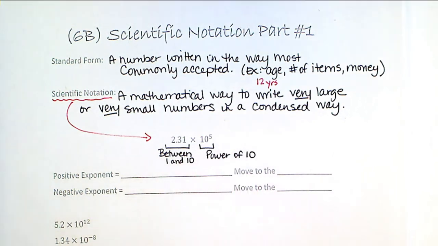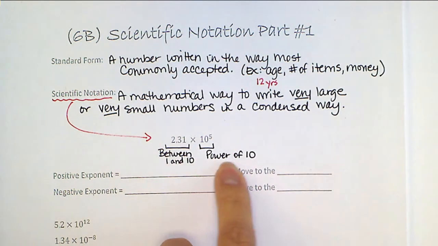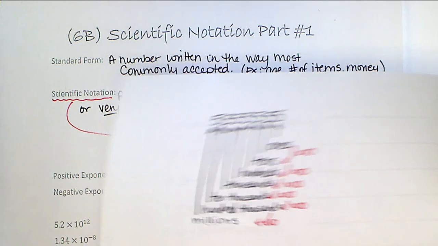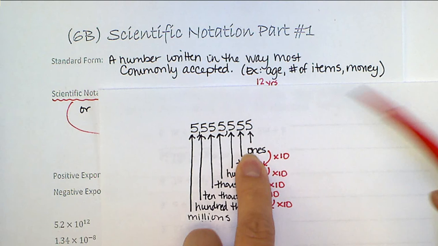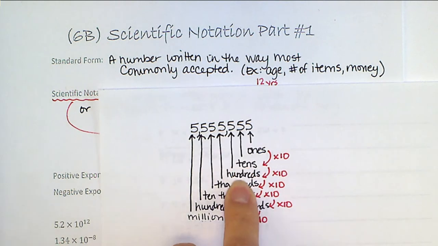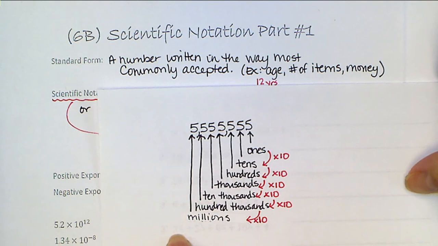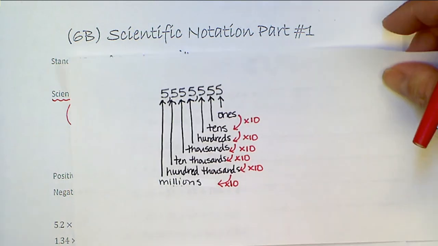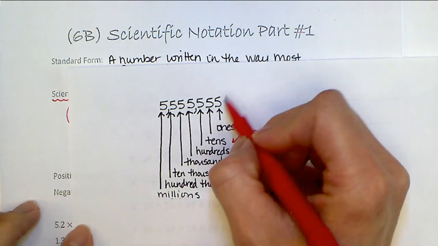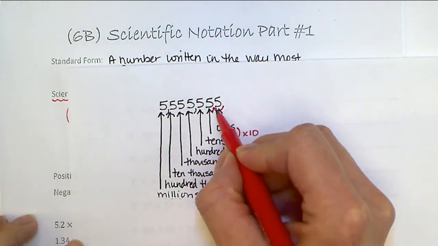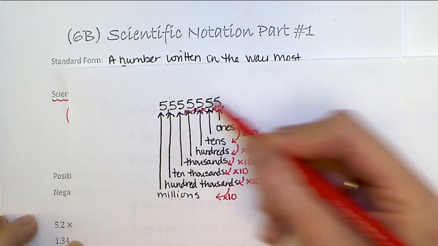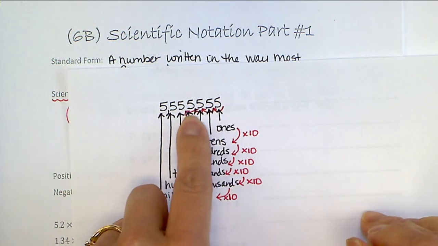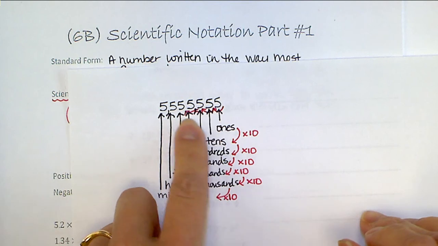The reason we use 10 to a power is this: if we look at a number, one digit is in the ones place, the next digit over is the tens, the hundreds, the thousands, the 10,000s, the 100,000s, the millions, 10 million, 100 million, and the cycle just keeps repeating. Every time you go from one spot to the next, as you slide over or draw loops, you increase by 10.